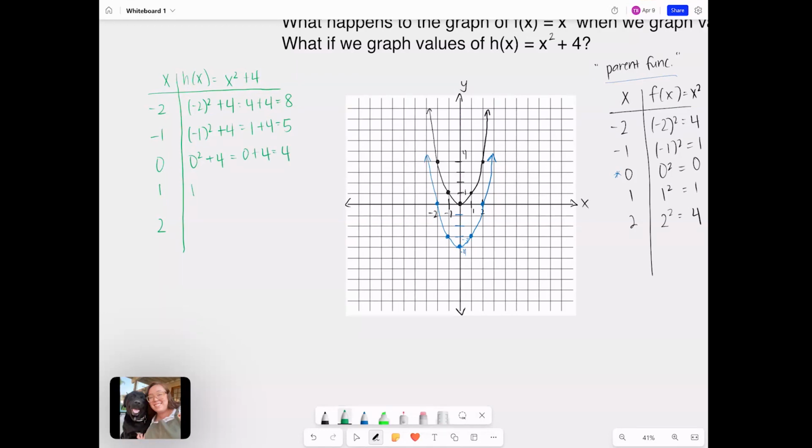And then we've got 1 squared plus 4. 1 plus 4 takes us to 5 again, right? Again, we see some of these patterns in our answers, our output y values, or function values, which is really great. And then 2 squared plus 4. 4 plus 4 is 8.